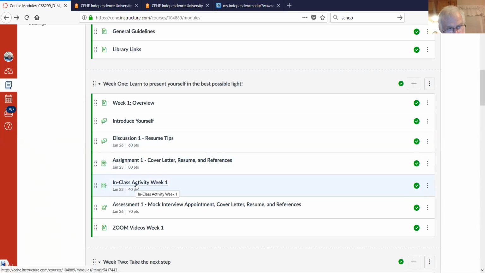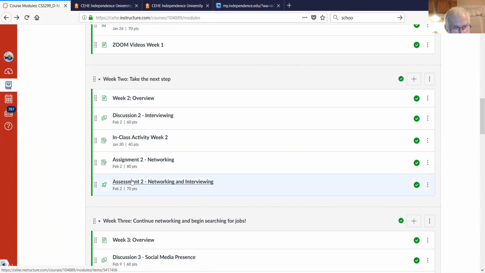I will be adding a page or an assignment for next week that'll have no points, but it will be the resubmission of your resume and cover letter, because all during the mod we're going to work on improving them. Part of our in-class activities each week will actually go back to looking at each other's resumes and cover letters with the idea of making them absolutely powerful, so that when you are applying for that job, people look at it and say, got to get this person in here to interview.